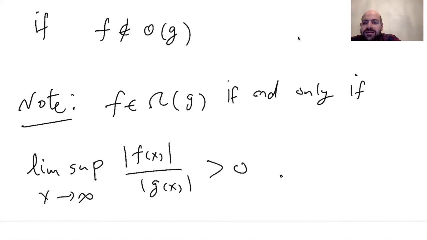And this would imply that lim sup has to be positive. Why? Because if lim sup is not positive, it has to be zero. If lim sup is zero, lim inf will also be zero, because lim inf is always less than or equal to lim sup, and absolute value f over absolute value g is a non-negative function. So lim inf cannot be less than zero.